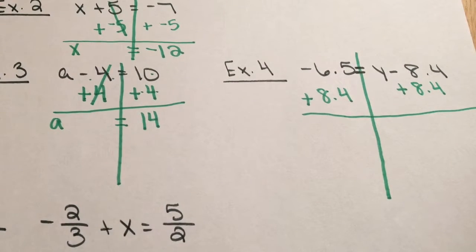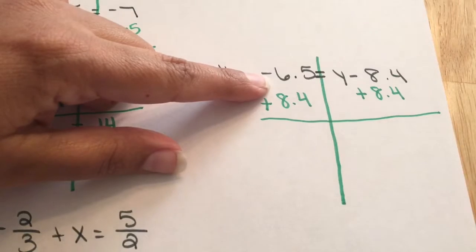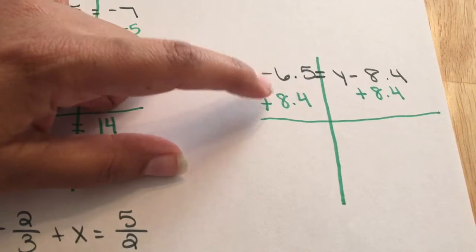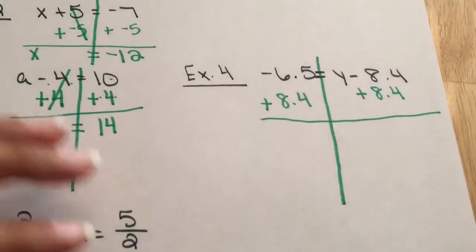Now that I've done that, I'm going to go ahead and, oops, sorry about that. Okay, so we've added 8.4 to both sides, and now we have to take this negative 6.5 and a positive 8.4. Now we have to remember our integer rules with decimals.